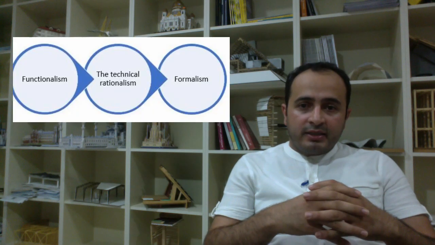We will talk about early modernism in such a way as to understand functionalism, which is somehow the beginning of modernism, and to understand its ideologies, and why functionalism became the main factor for modernism.